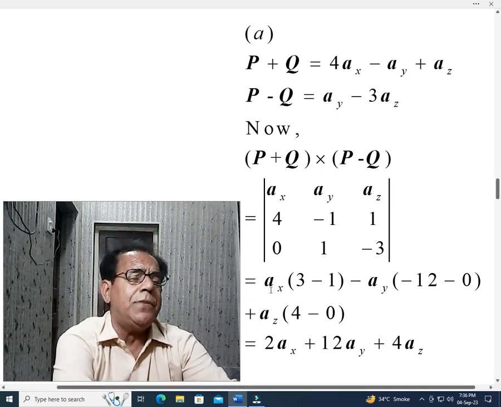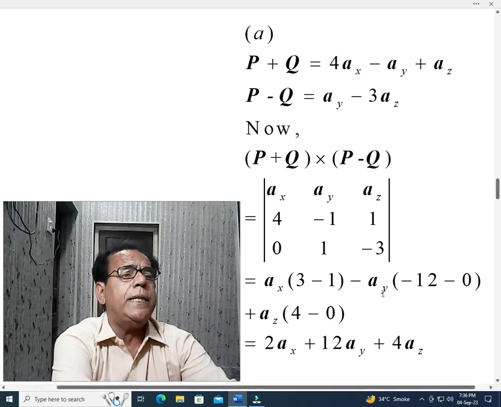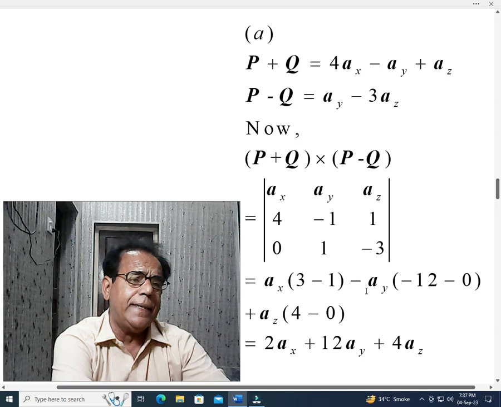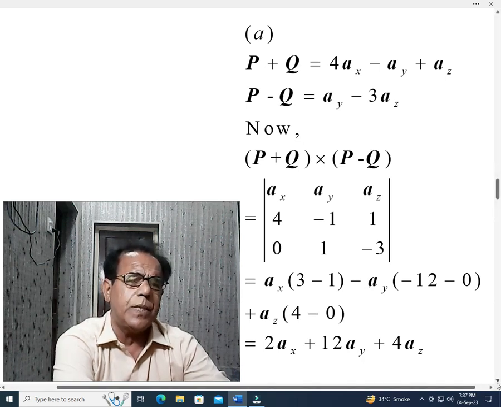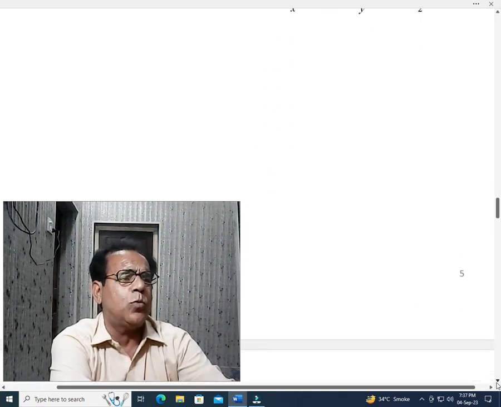Therefore, with AX we will get minus 1 raised to the power 1 plus 1, number of column plus number of row. However, in case of AY, we will get minus 1 raised to the power 1 plus 2, that is 3. So we know that minus 1 power odd is minus, and minus 1 power even is plus. So this, and hence the answer is quite clear.